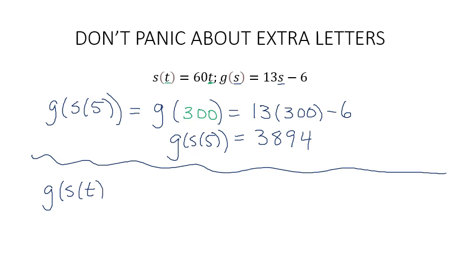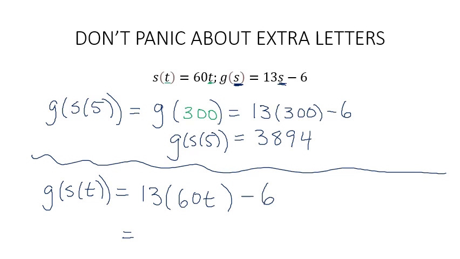I can also find the very general function g of s of t. This time we can't simplify anything on the inside, so we're just going to put s of t straight into g. So if I replace this s now with s of t, I will have 13 times s of t minus 6. And s of t is defined as 60 times t.